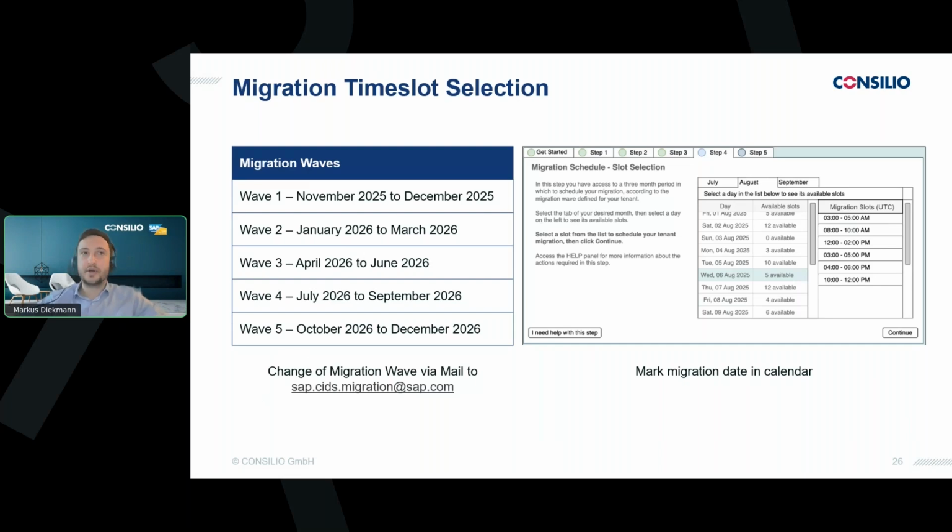Wave 1 is currently running, so your migration will be between November 2025 and December 2025, and waves 2 until 5 are the four quarters in 2026. If for some reason this wave does not fit for you, you can contact SAP via mail to change your migration wave.